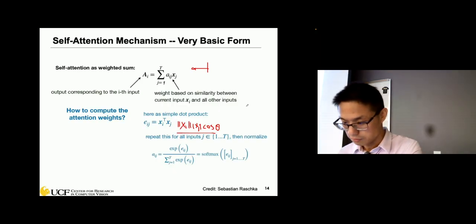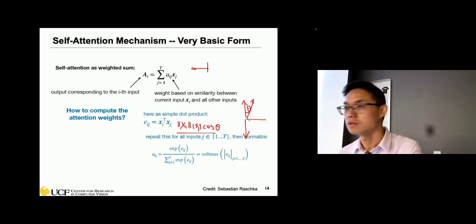If these two vectors align in the same direction, theta will be very small, which means they are very close in the high dimensional space. If they are perpendicular, you get a 0. If they are in opposite directions, you get a negative number.